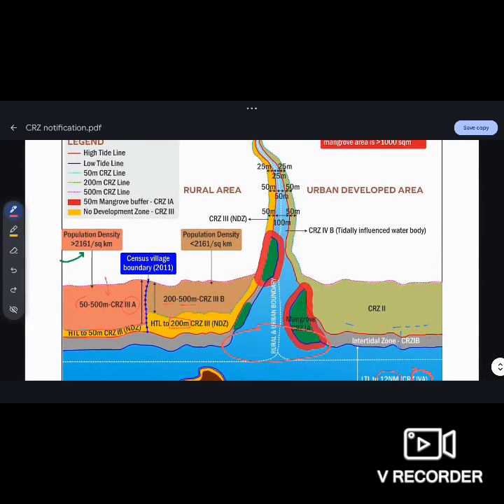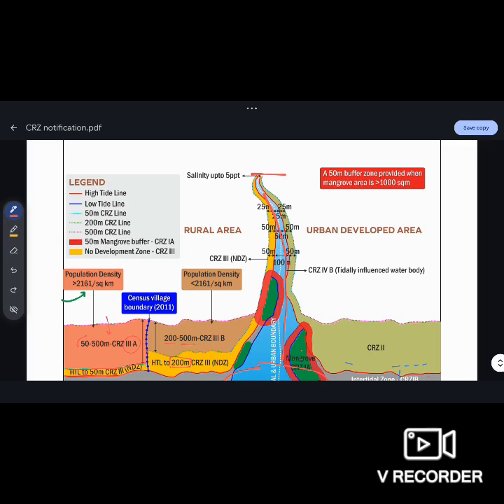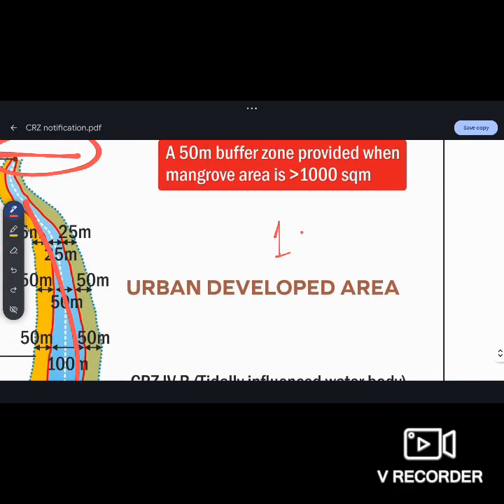So from this mouth towards the hinterland, up to the marking where we find salinity of up to 5 ppt. We know that 1 ppt is basically 1 gram of solid dissolved in 1000 grams of liquid.